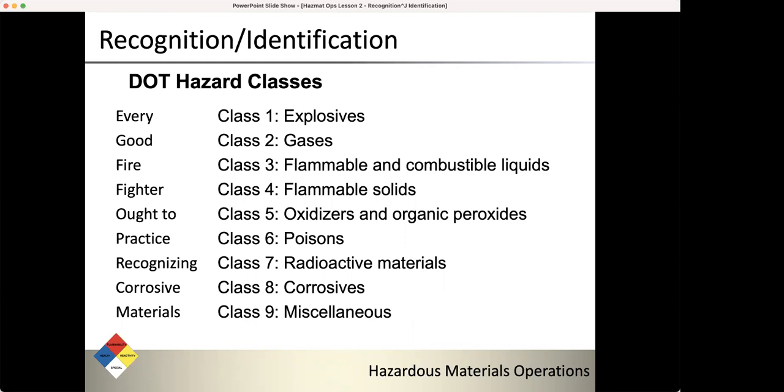There's a mnemonic on the side there if that helps you in learning those. My only advice is to practice with it. Just over and over and over. All right, what's class 5? Oxidizers. What's class 8? Corrosives. Kind of thing.